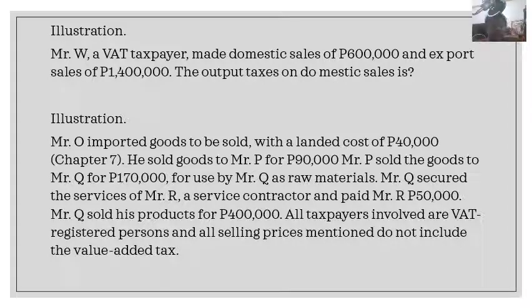Magkano yung VAT payable in short ni Mr. O? So ulitin natin. Si Mr. O nag-import ng goods na 40,000 tapos binenta niya ng 90,000 kay Mr. P. So ang output tax doon is 90,000 times 12% is equal to 10,800.